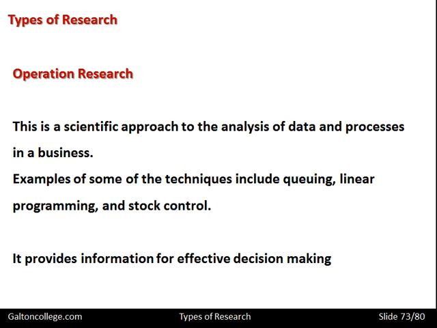It might be a multi-point, many cashiers and one single channel. Or it might be many channels, each one going to a particular cashier. There's linear programming and stock control, and there are several techniques that are available in helping the business person make better decisions.